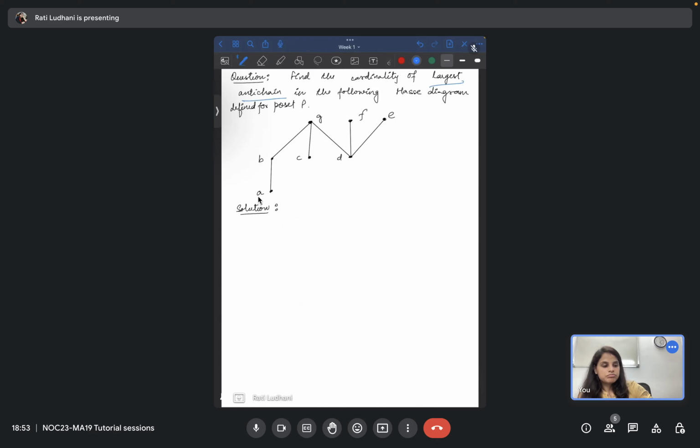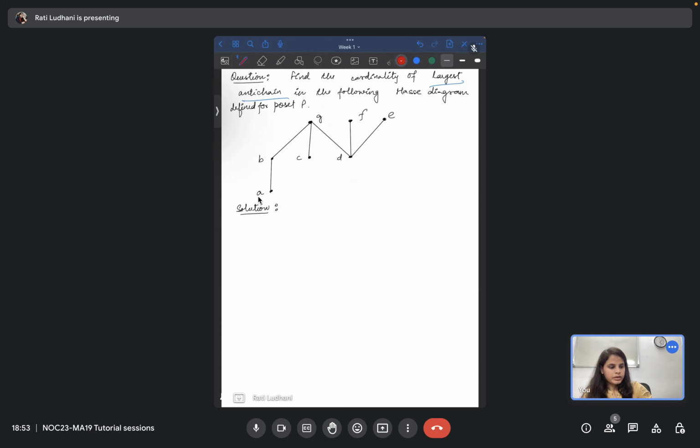Okay, so in the following Hasse diagram, let's see what anti-chains you could have. These lines, these edges, are saying that G covers B, B covers A, like this, right? So what do you think? Just pick any anti-chain. Can you tell one anti-chain here?